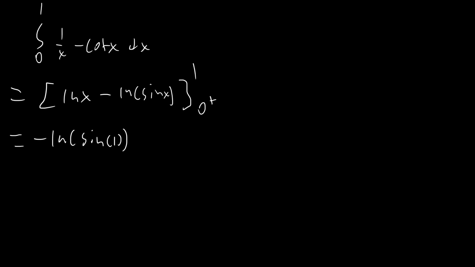And then at 0, we're going to have limit as x goes to 0 plus of ln x minus ln sine of x. And we can just combine this into one big natural log. We're going to have ln x over sine of x.